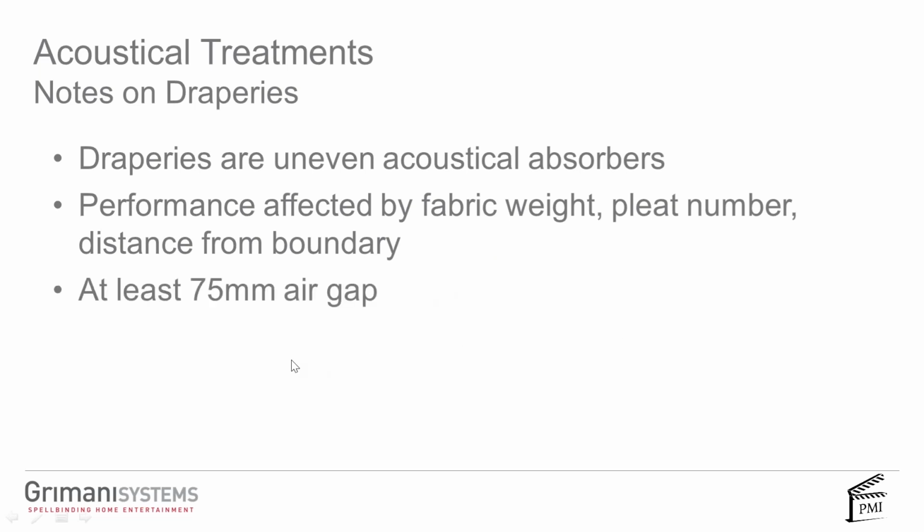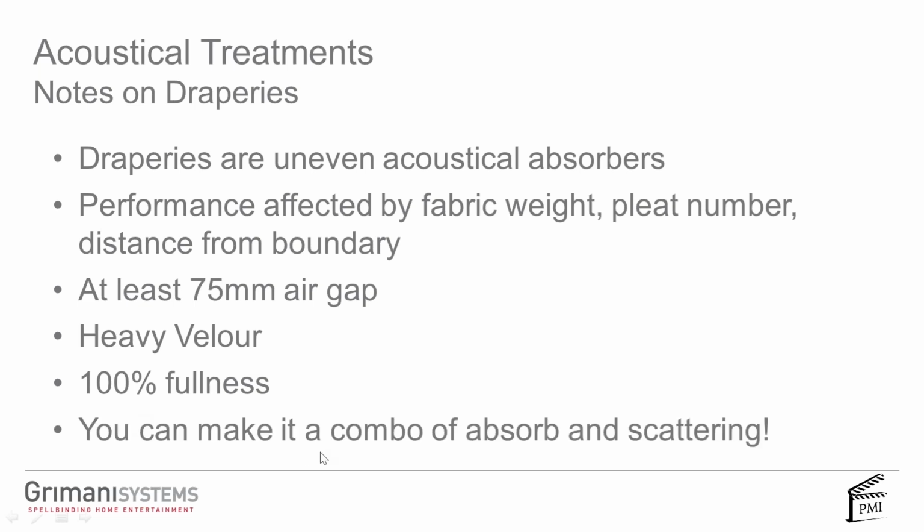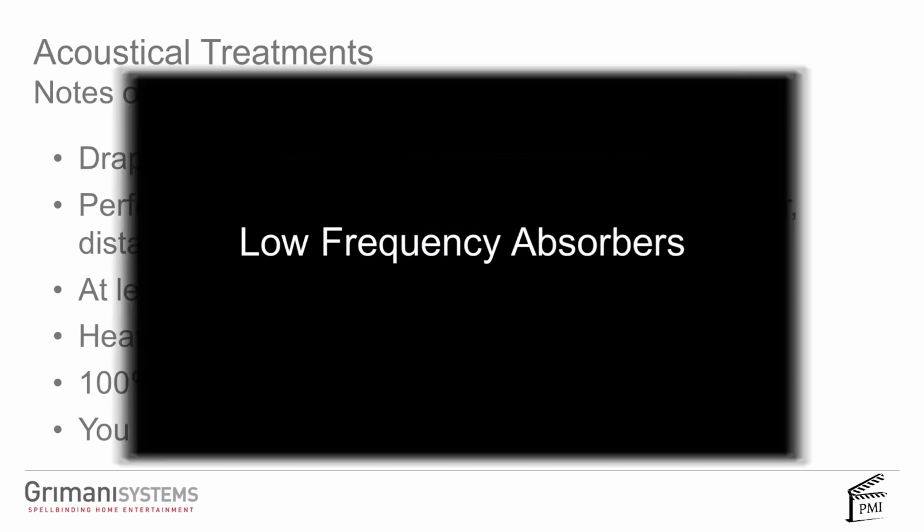You need at least a 75 millimeter air gap; 50 millimeters is 2 inches, so this is 3 inches. That's the overall air gap. Heavy velour works among the best. You want to have 100% fullness, and you can make the drape out of a combination of absorption and reflective surfaces behind the actual fascia for some scattering. We make a drape like that.